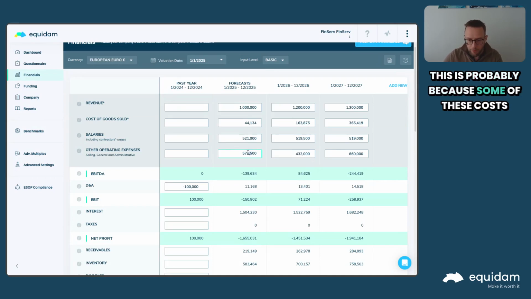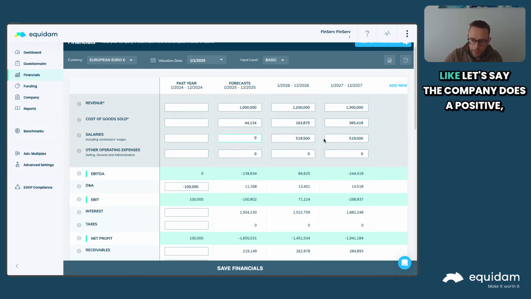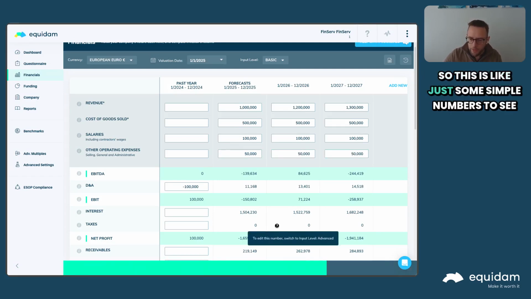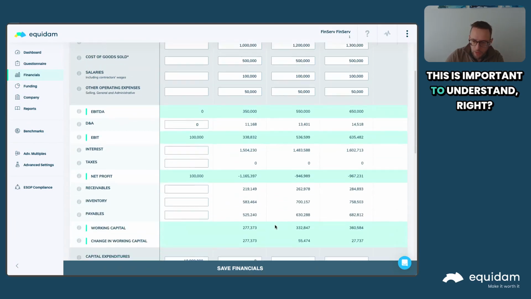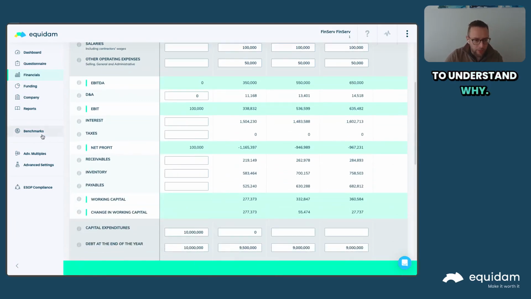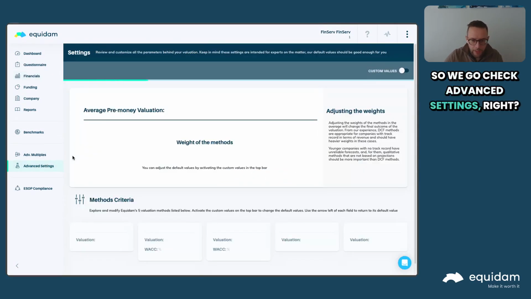This is because the company has a maintenance cost for the building and cleaning, some salaries for the people in the management of the company, as well as some marketing to reach out to tenants. These are just some simple numbers to see what the effect would be. We are still in a negative valuation, and it is important to understand why.